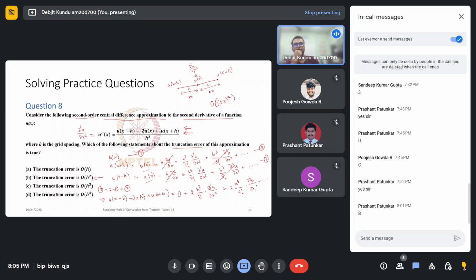plus dot dot dot. Now I'll send this h squared to that side. So finally, I'm dividing everything by h squared.